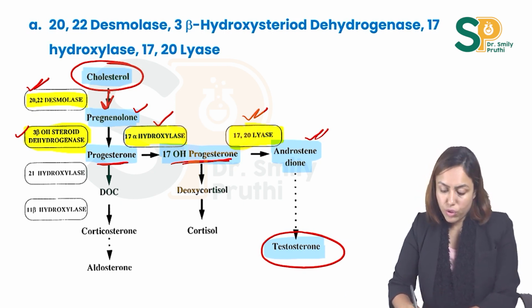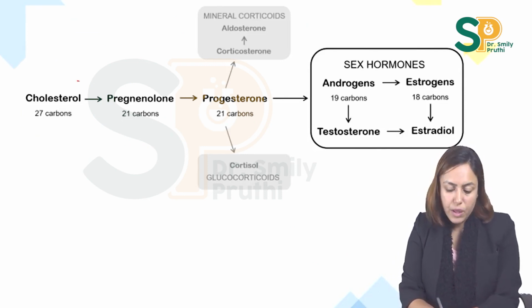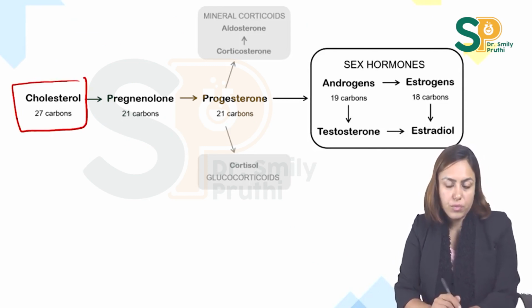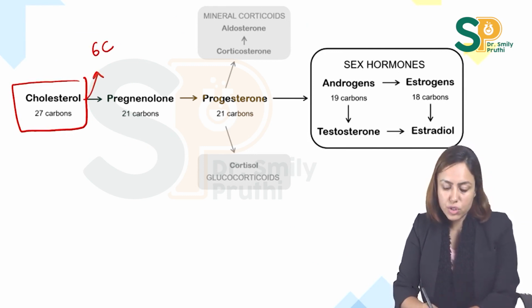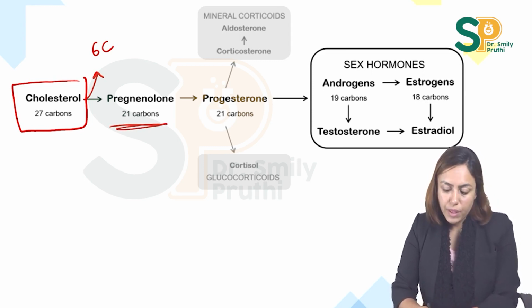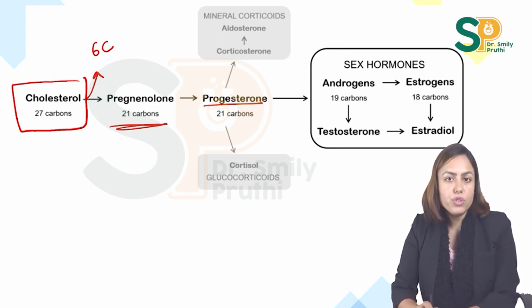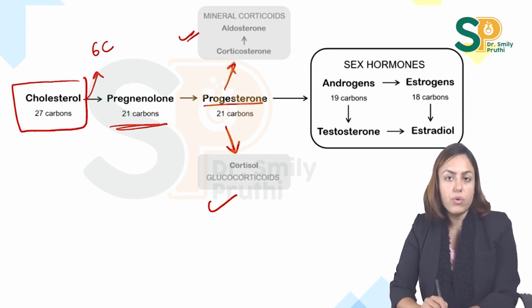And also look at this diagram to understand the number of carbons. Cholesterol has 27 carbons. There is a loss of 6 carbons through many reactions, and we get pregnenolone, which has 21 carbons, which will further form progesterone, also having 21 carbons. Progesterone will make glucocorticoids and mineralocorticoids.